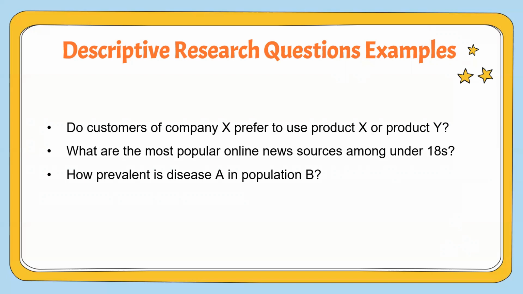So as you can see, these research questions do not deal with the why aspect of it, and therefore, as we can see, these areas are fairly new, or rather in-depth research in this particular area has not been taken under consideration. And so therefore, it is necessary that descriptive research is required in this particular area.